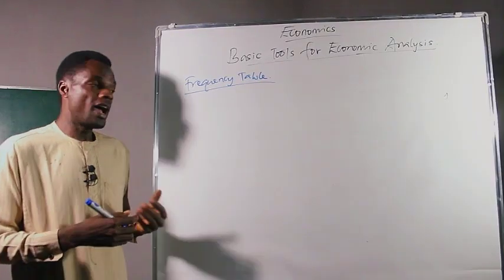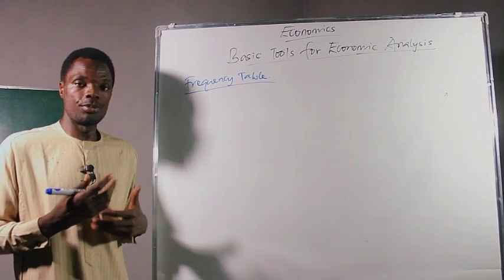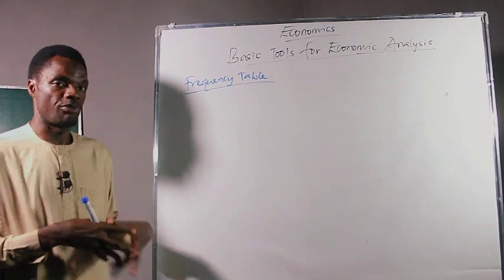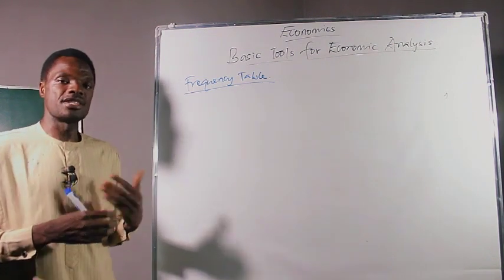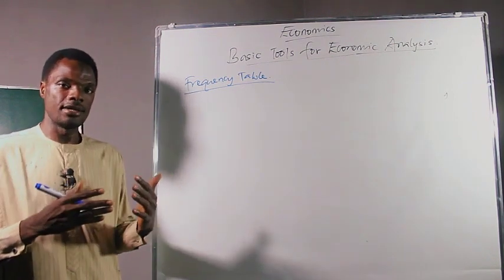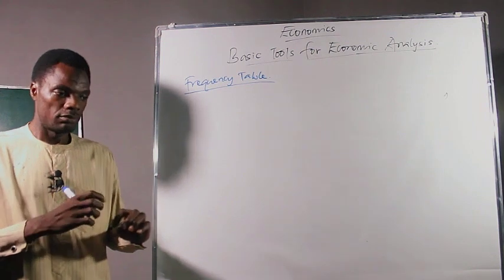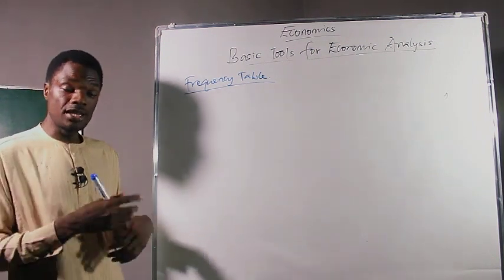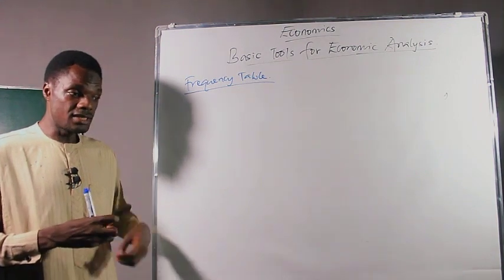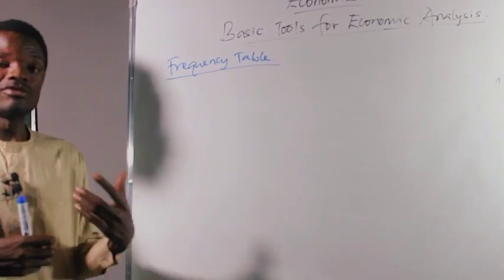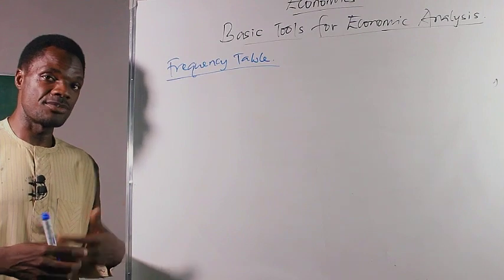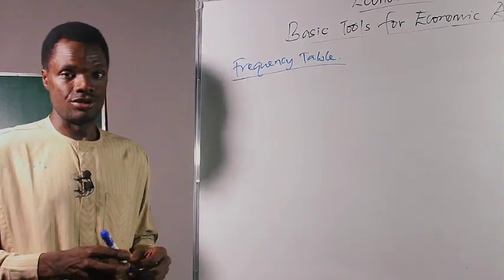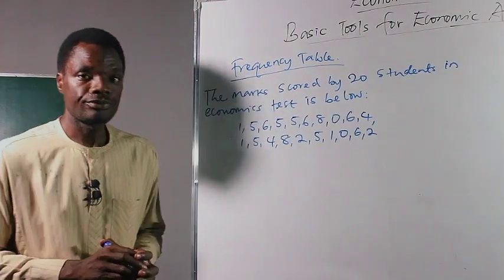Now, we have another form of table, which is called a frequency table or frequency distribution. This is another representation of data in rows and columns with inputs or variables repeating themselves. So when you are dealing with data that contains individual items of observation repeating themselves, then you know that you are dealing with a frequency distribution or table.